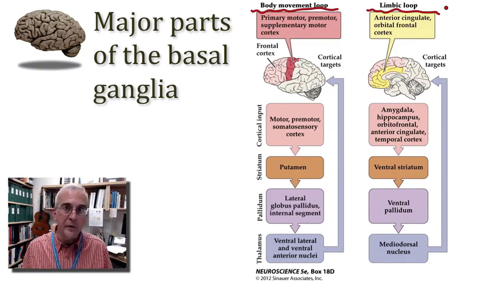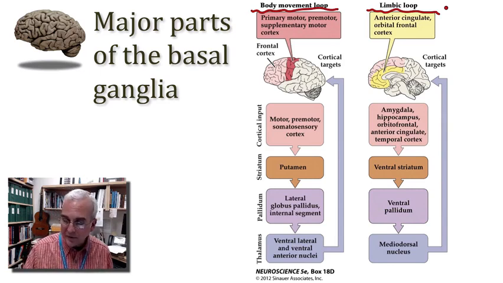So the body movement loop is a circuit that runs through the basal ganglia that's primarily concerned with the movements of our limbs. The limbic loop is a circuit that runs through the basal ganglia that's concerned with our affect and our motivation. And that will be important when we consider the neurobiology of addiction.